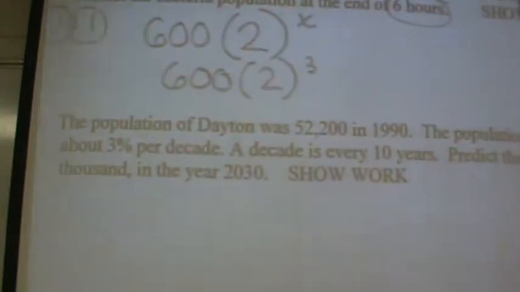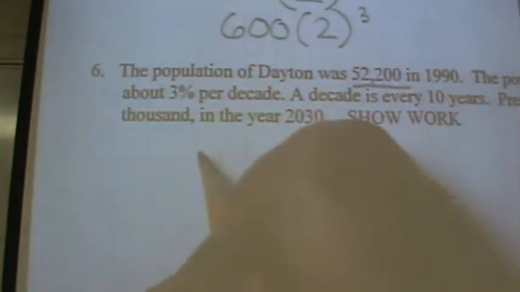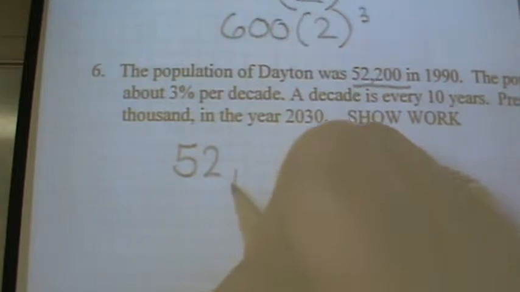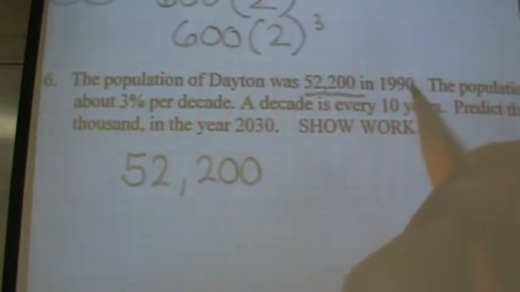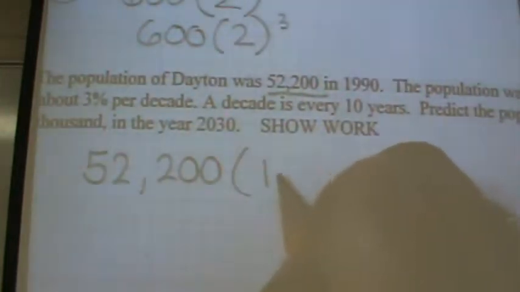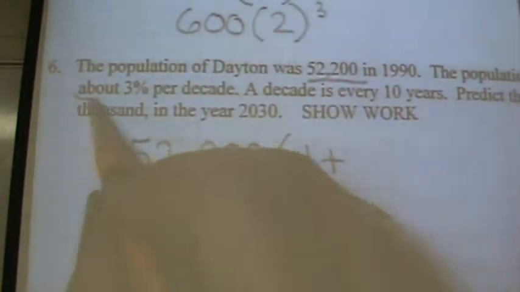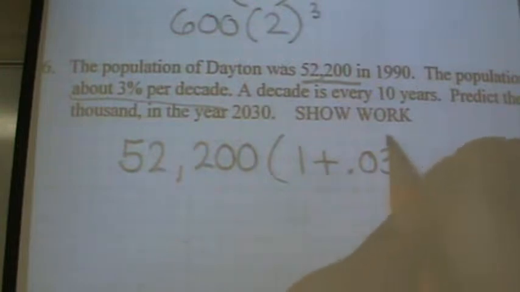Number 6, the population of Dayton started off at 52,200 in 1990. The population is projected to grow at 3% per decade. So it's 1 plus 0.03.